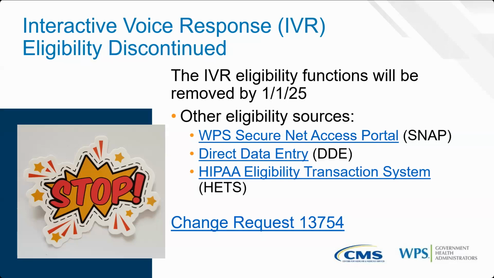I know that this is a Part B webinar, but still putting it out there because some of you may work with Part A and Part B, but eligibility can be obtained in DDE. And then finally, we have the HIPAA Eligibility Transaction System, or HETS. Providers can also get beneficiary information from there through your vendor.